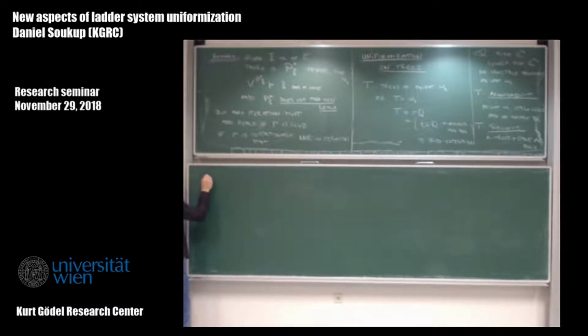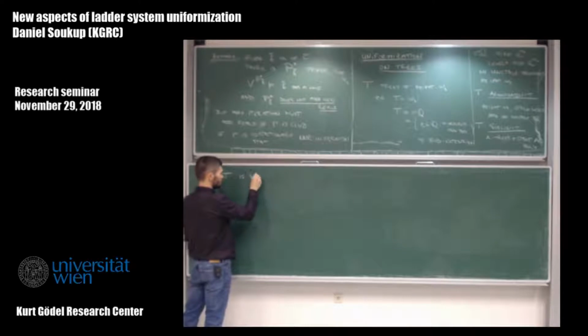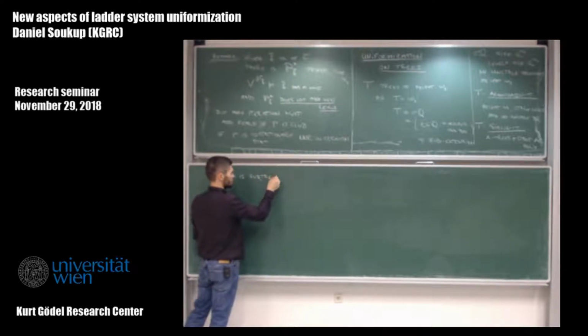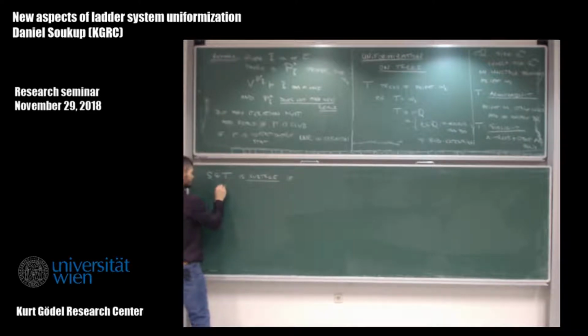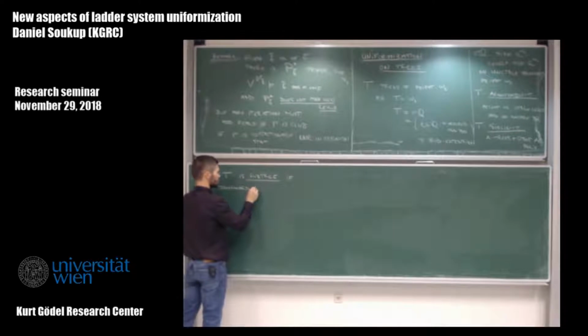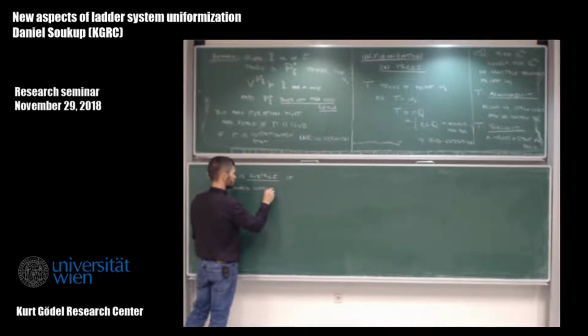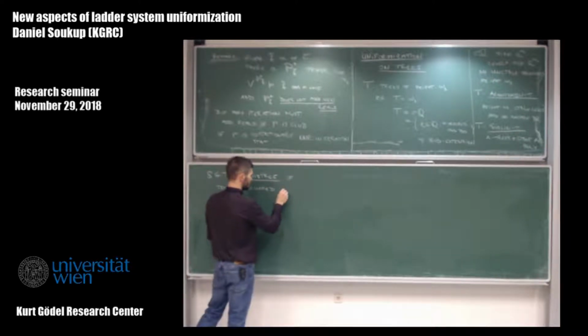Okay, so what do I mean by a subtree? A subset S of T is a subtree, I'm going to mean a few things by this, if it's downward closed and pruned.